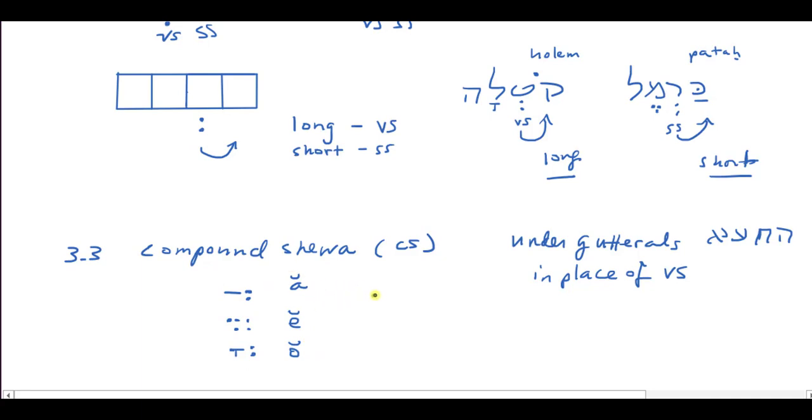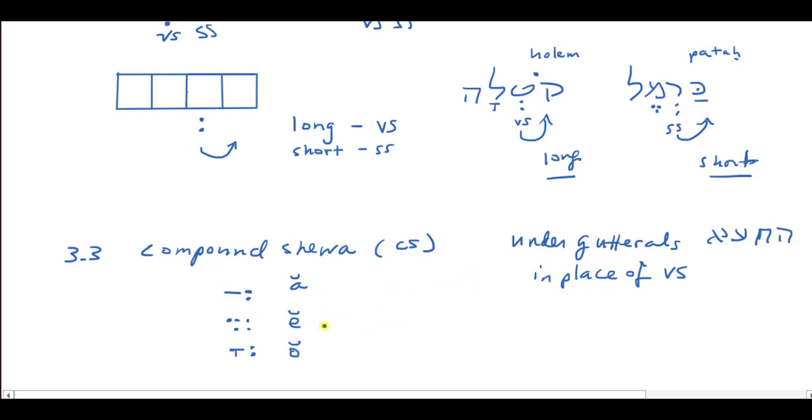So basically, for all intents and purposes, a compound shava is simply a kind of vocal shava. Do you vocalize vocal shavas? Yes. And you will therefore vocalize compound shavas. Basically, the compound shava is going to be pronounced sort of like the short vowels that represent half of the symbol here, but they could even be more reduced than that as well.